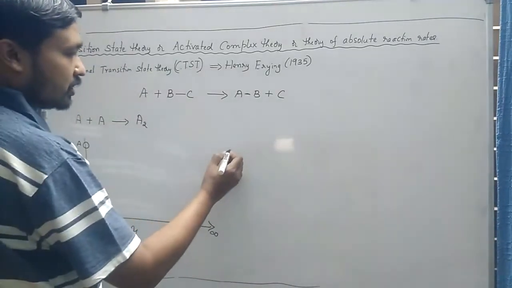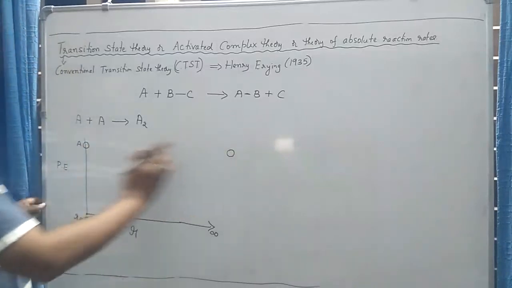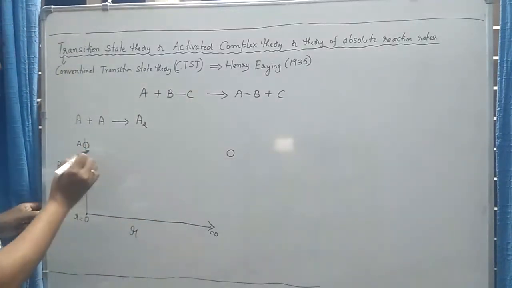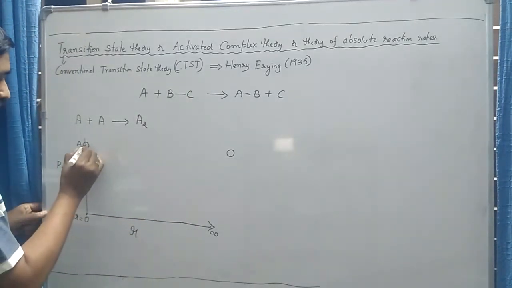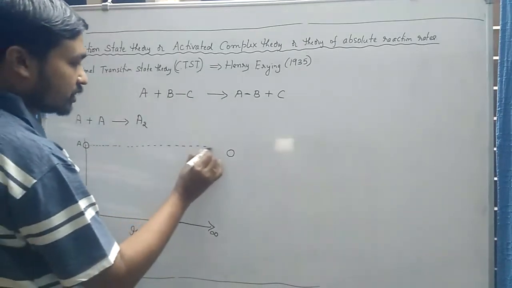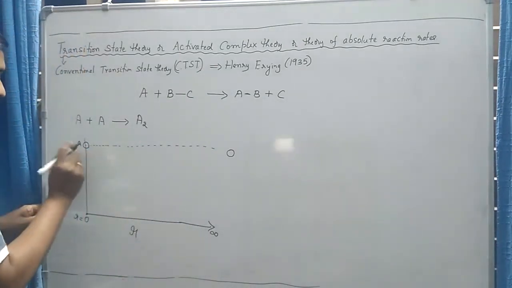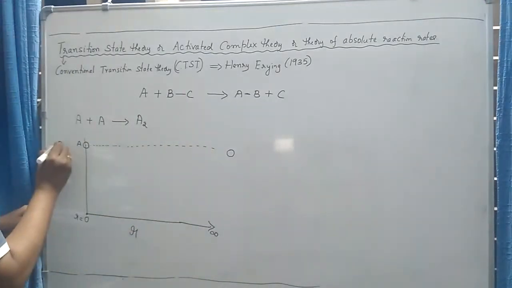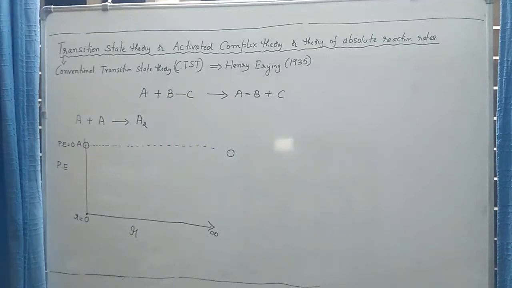So initially the two atoms are infinitely separated. I will draw a baseline here. The baseline I am drawing is the reference line which corresponds to potential energy 0. What do we mean by this condition, potential energy 0? It means there is no interaction between the two molecules.